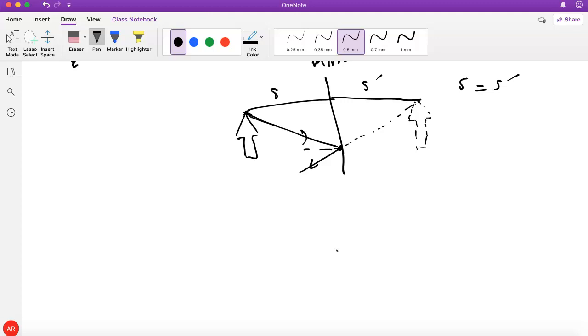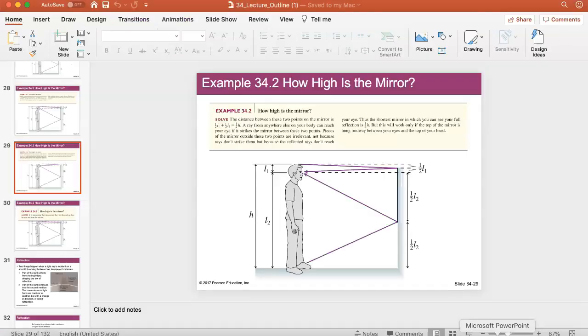So basically we looked at the reflected rays from the two ends of the mirror, and anything in between again ends up in this bright spot. Okay, so let's take a look at one more example to practice a little bit more, and then we switch to the new topic for today.